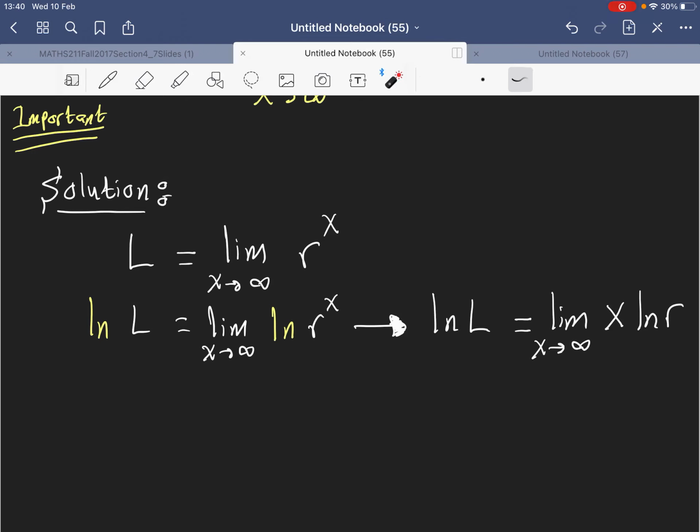Now you have to ask yourself: if this is 7 times x, and x goes to infinity, I'm multiplying 7 by infinity, so the answer should be infinity. If this is 1 over 2, then we have infinity over 2, again infinity. Whatever the number is, the answer is infinity, except one case.